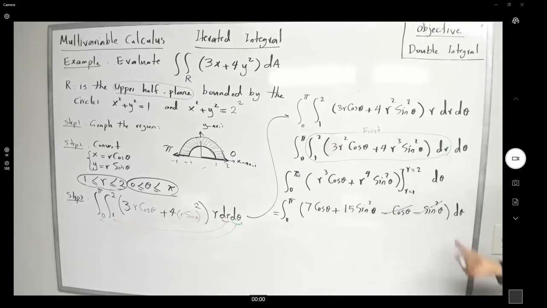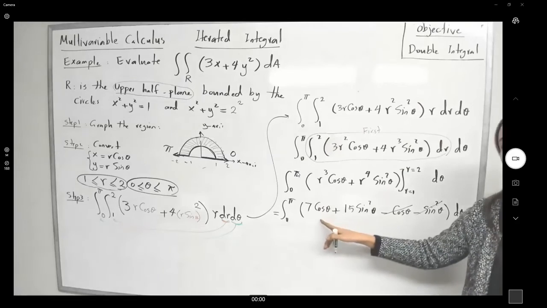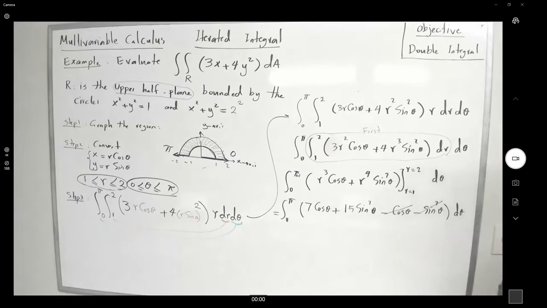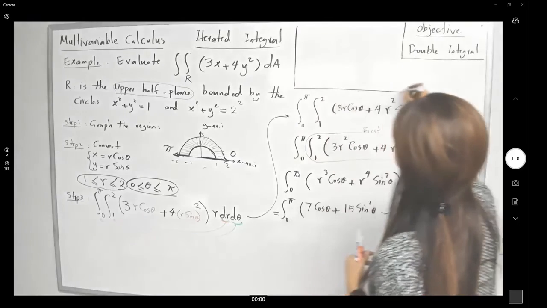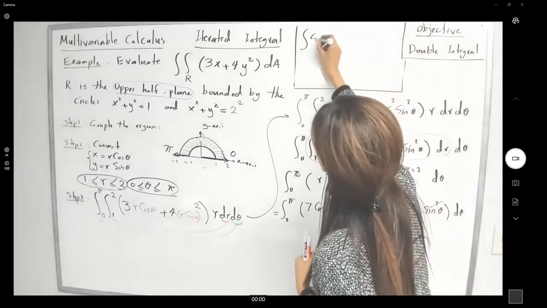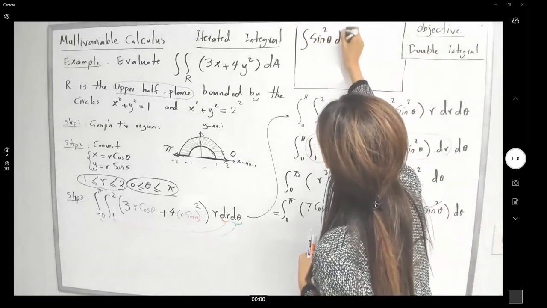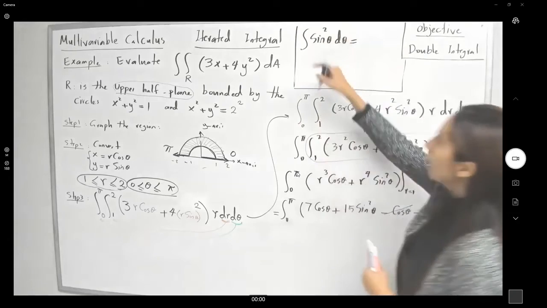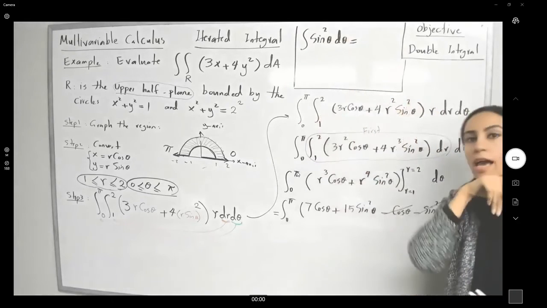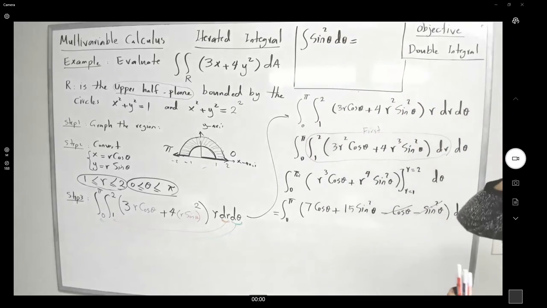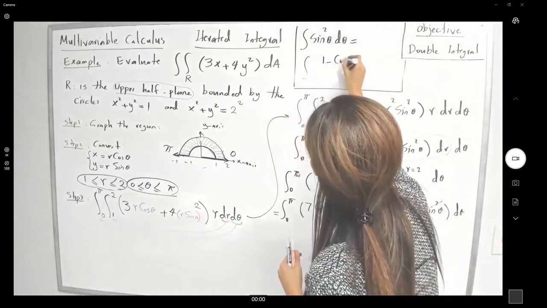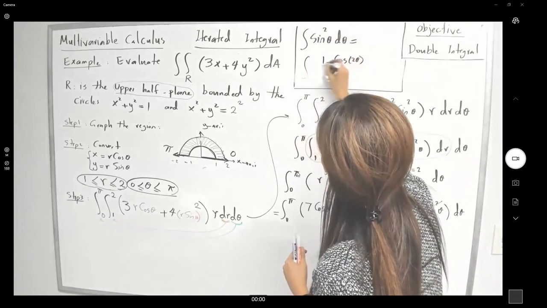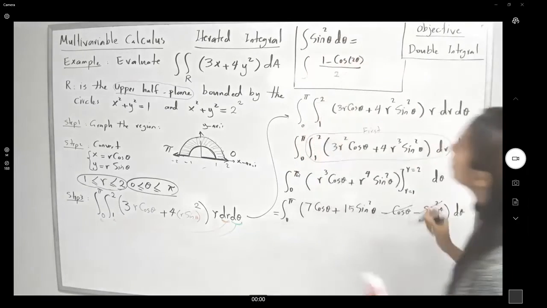Well, now we are taking the integral with respect to theta. Cosine is not very hard, but what about sine squared? So remember that. To find the integral of sine squared theta d theta, first you have to use the half angle formula and convert this guy. This is equal to the integral of 1 minus cosine 2 theta divided by 2.